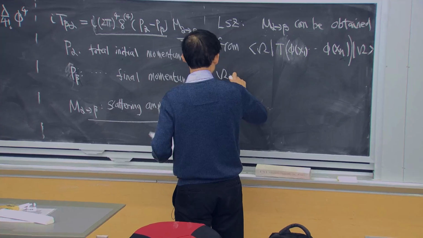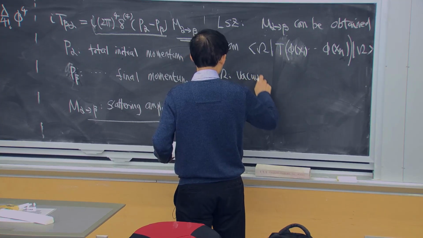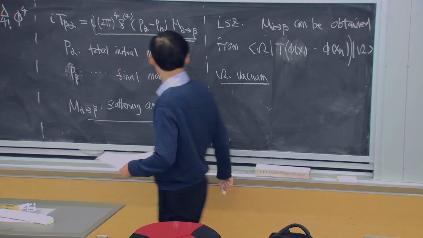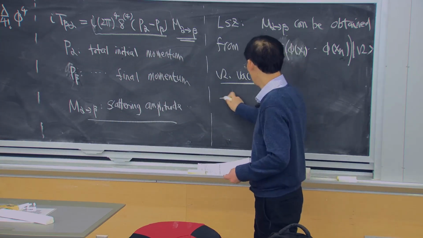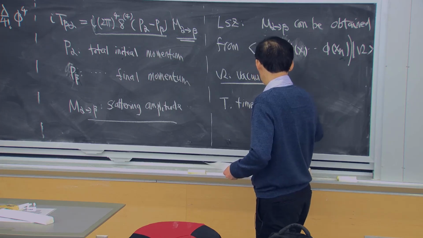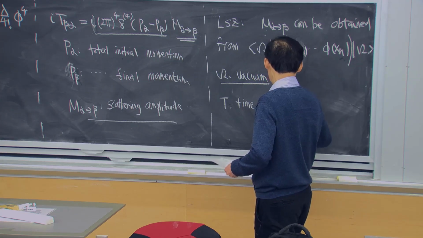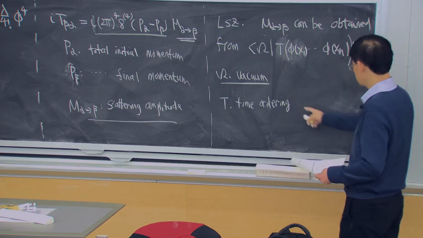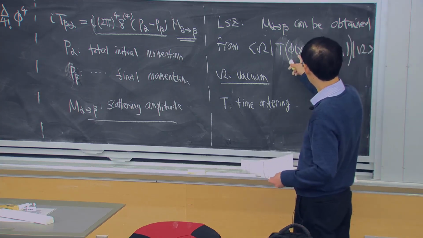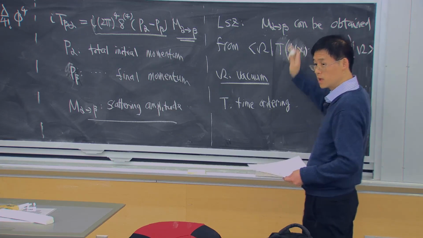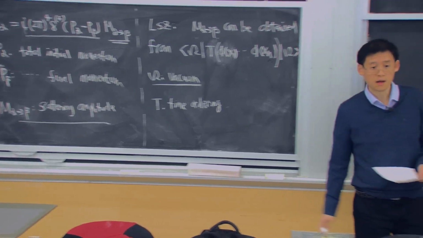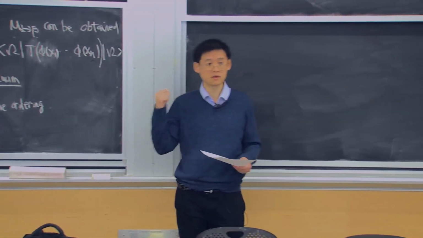The omega is the vacuum of your interacting theory, and then T is time ordering, which means that whichever has the larger time will appear earlier. Any questions on this?